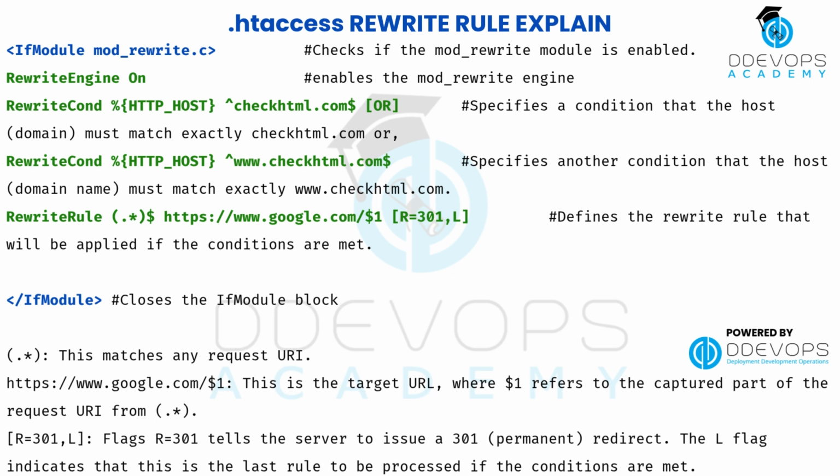Finally, the flags [R=301,L] tell Apache to issue a 301 permanent redirect, and the L flag means this is the last rule to process if the conditions are met. The closing </IfModule> simply ends the block. In short, this configuration redirects all traffic from checkhtml.com and www.checkhtml.com to https://www.google.com using a permanent redirect.